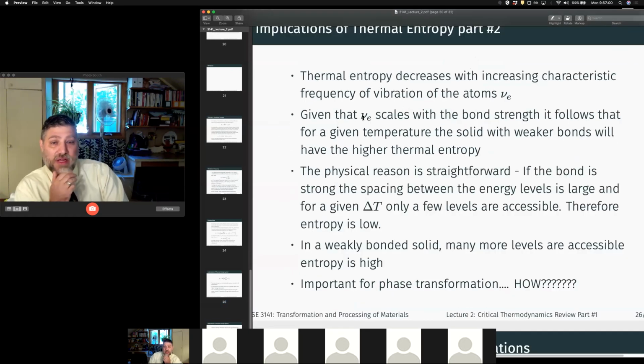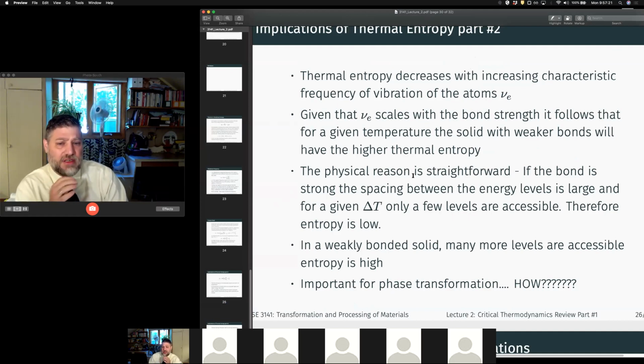And so now here we have that this vibrational frequency scales with the bond strength, so that for a given temperature, a solid with weaker bonds is going to have a higher thermal entropy. Okay?